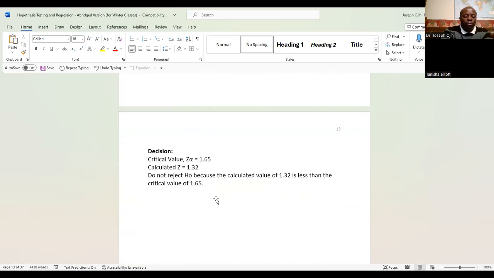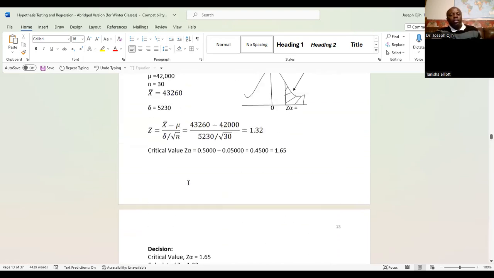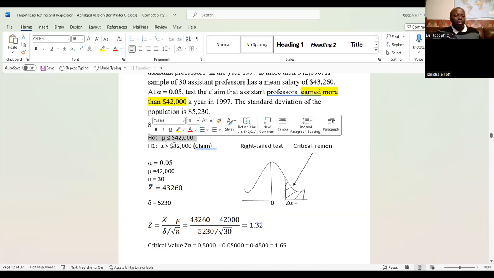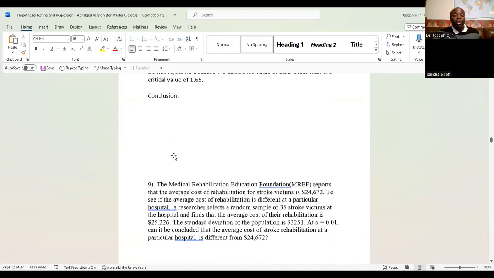So the conclusion becomes this. Since we did not reject this H0, that means this is the H1 where the claim is. Since we are not rejecting this, that means that this one is wrong. So there is not enough evidence to support the claim.